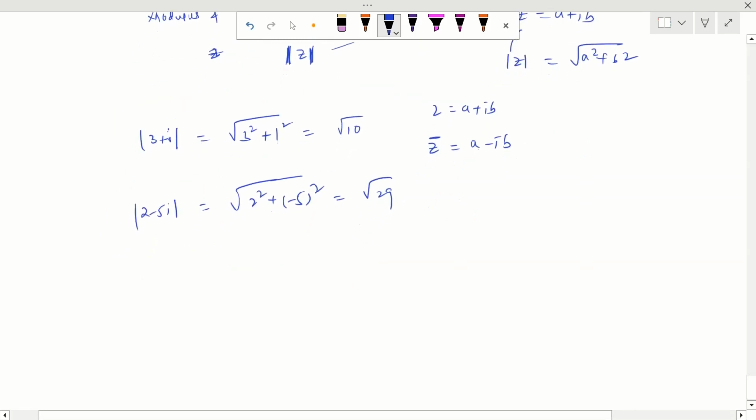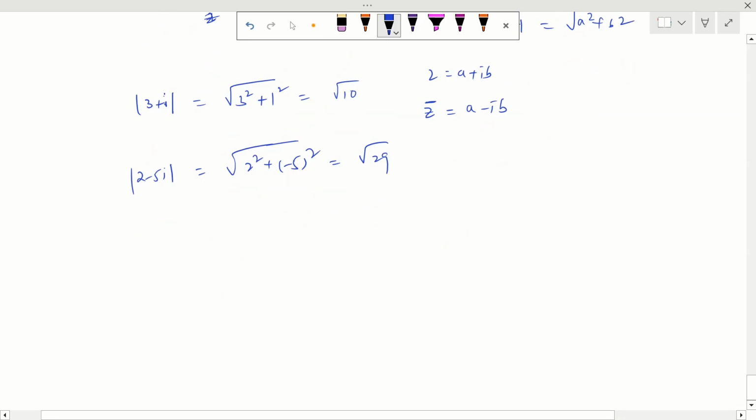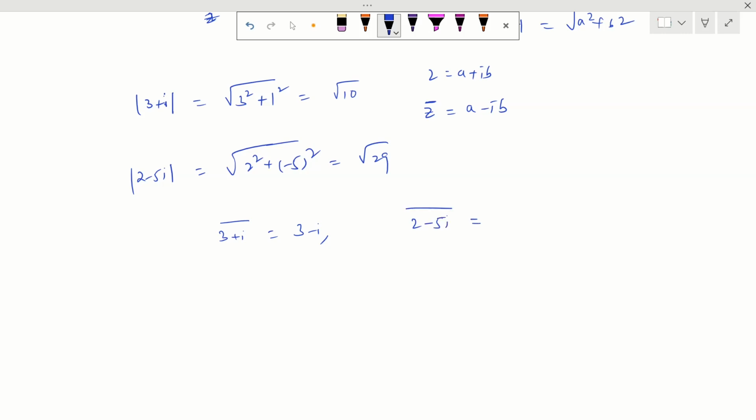Right. Now the conjugate numbers. Here 3 plus i, the conjugate number is 3 minus i. And 2 minus 5i, what is the conjugate of this number? The minus will be converted to plus, so 2 plus 5i. Understood?